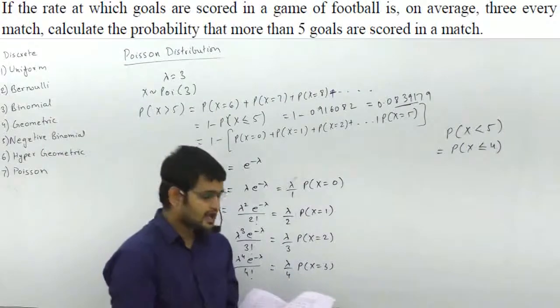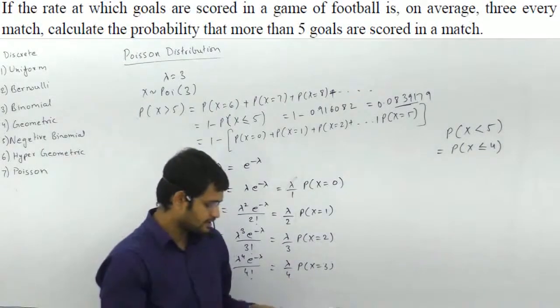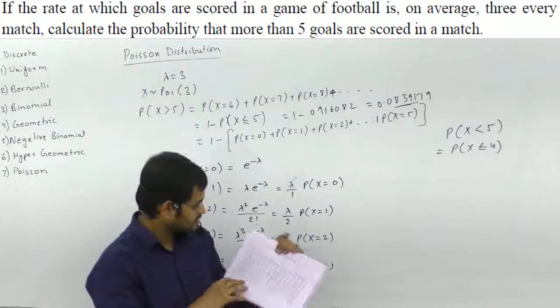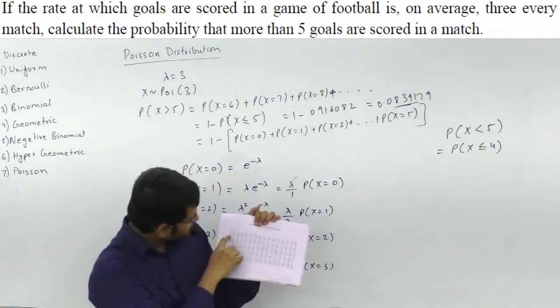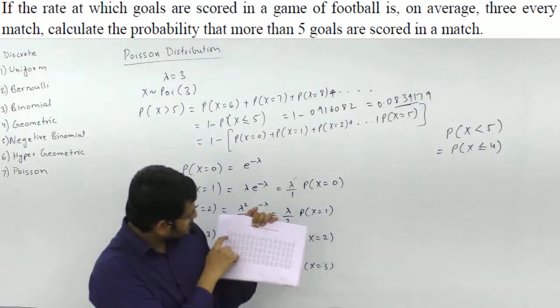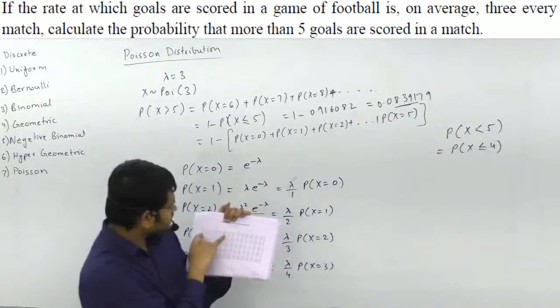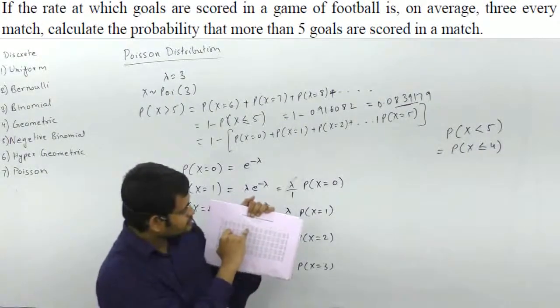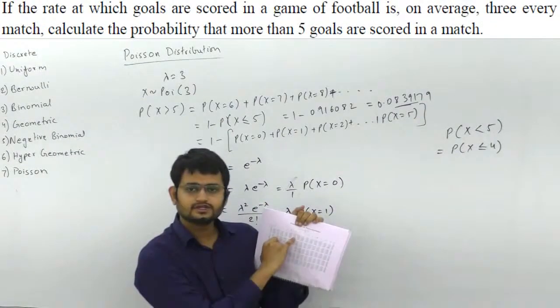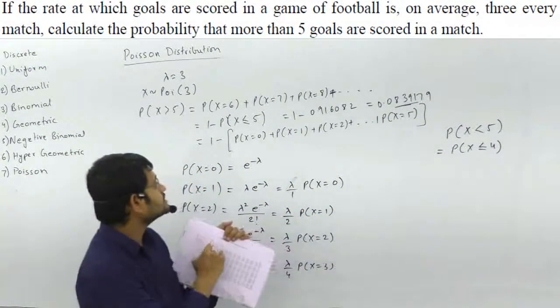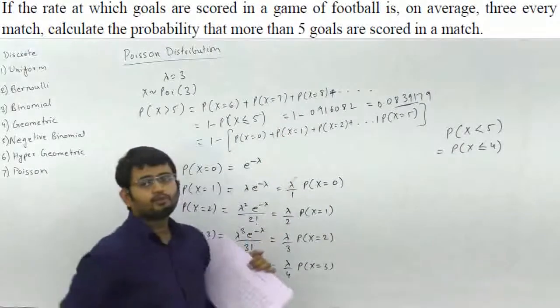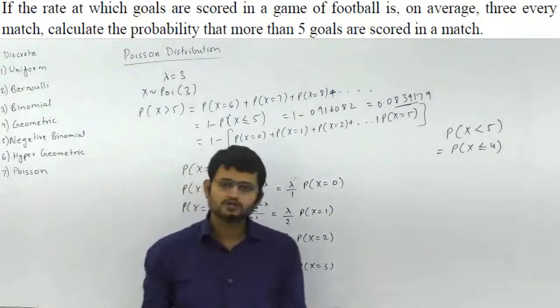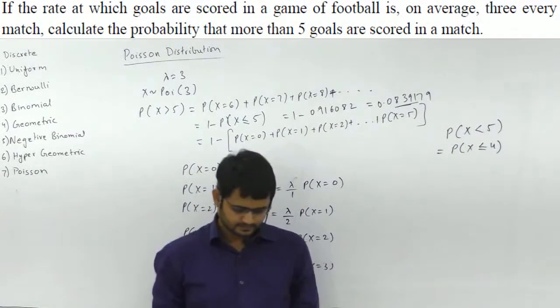Find mu 3, that will be the third line, and we need probability less than or equal to 5. You are going to see 0.91608. So you can use this to find Poisson distribution probabilities also.